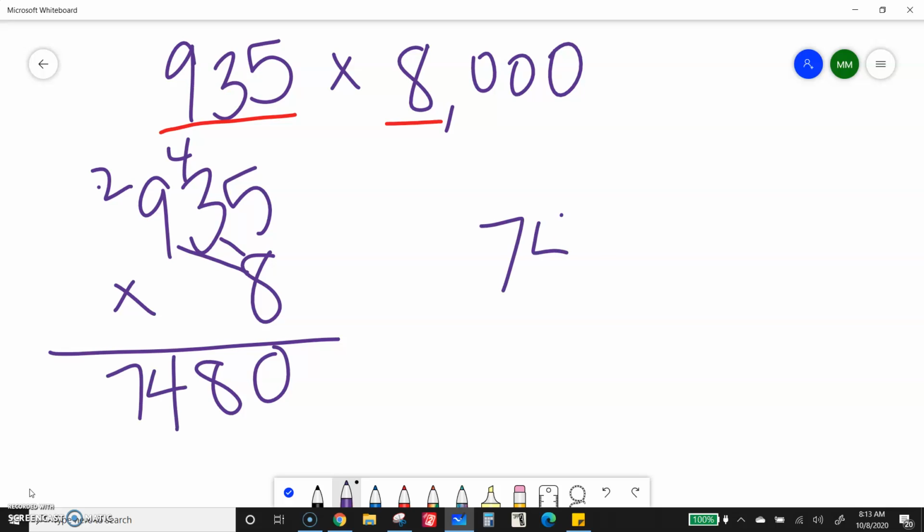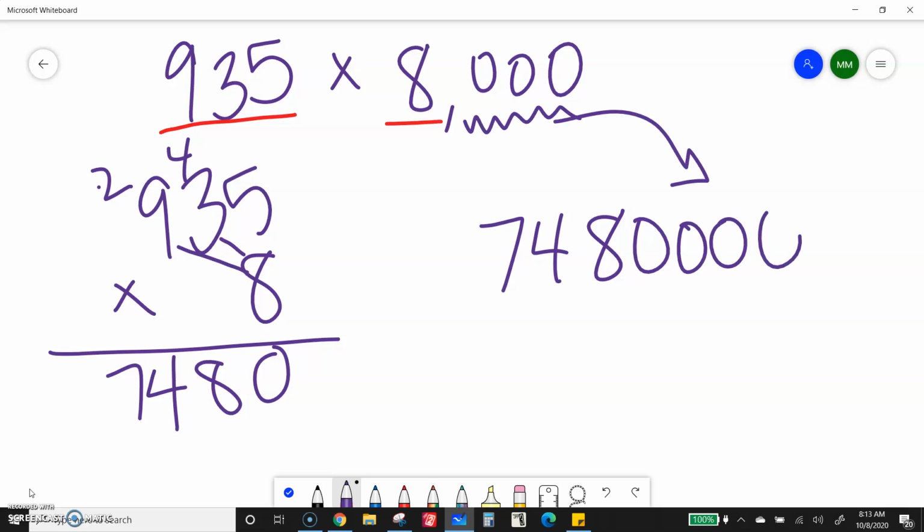So I get 7, 4, 8, 0. Now I'm going to take my 3 zeros and put them on. Put my commas in there. So I get 7,480,000 as my final answer. Hopefully you can see how we're just connecting multiplying by single digit numbers along with multiplying by 10, 100, or 1,000.